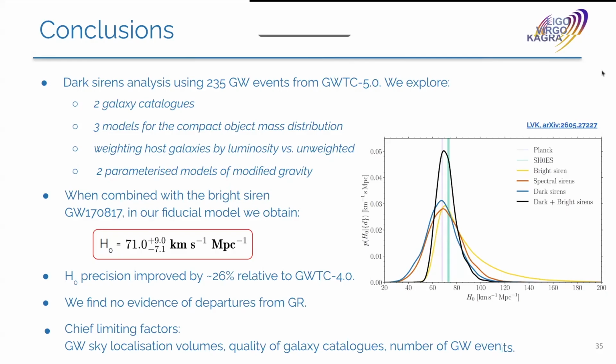I'll leave it for everyone to read Constantine's answer, but I wanted to follow up on that and specifically ask, is the assumption then that there is a direct correlation, basically one-to-one, between stellar luminosity and the chance that a given galaxy might be the galaxy that the gravitational wave event came from?